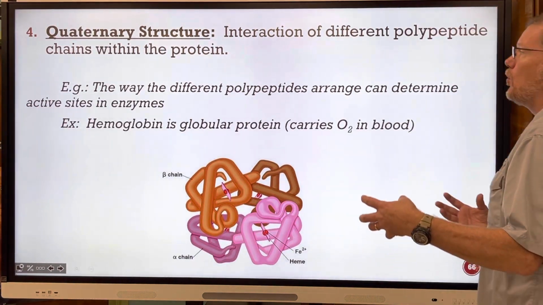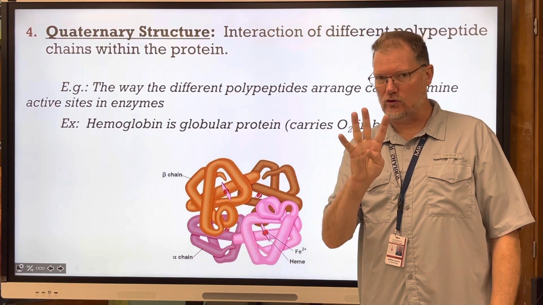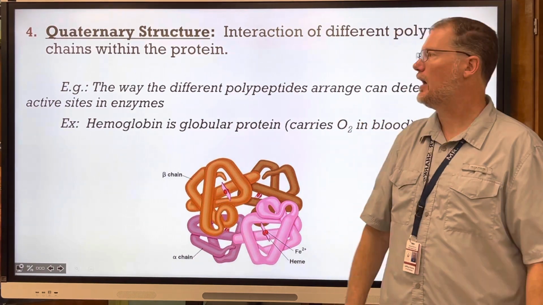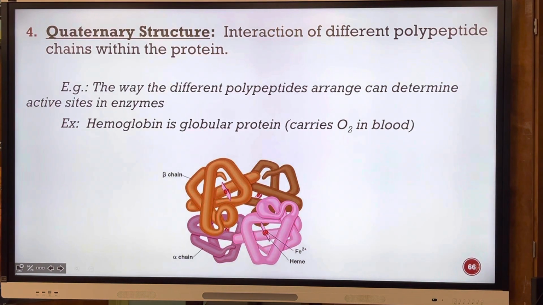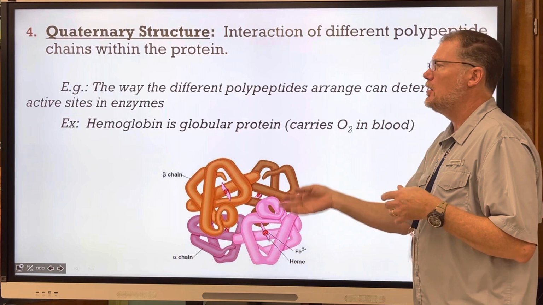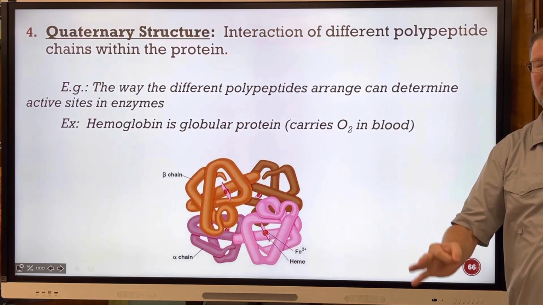Now you've got a quaternary structure. A quarter is a fourth, right? So 4, okay? Fourth structure. Interaction of different polypeptide chains within the protein. So for an example, the way the different polypeptides arrange can determine active sites in enzymes.